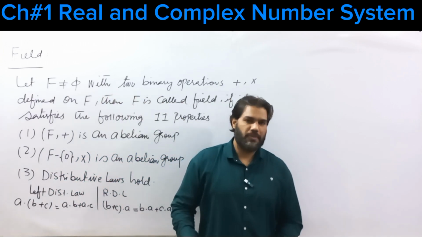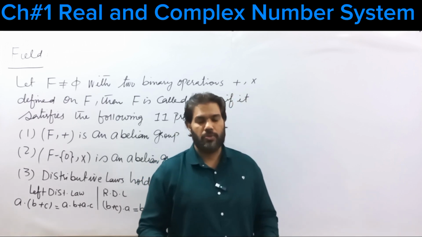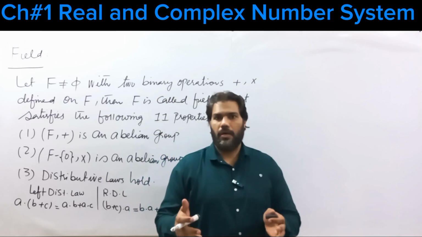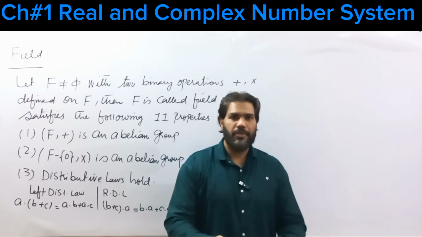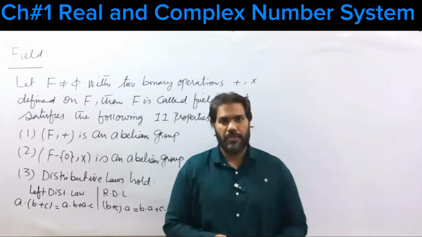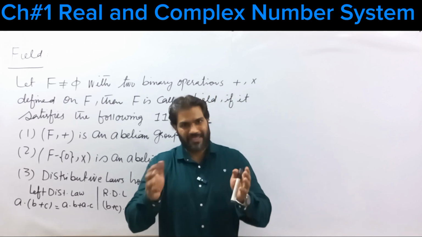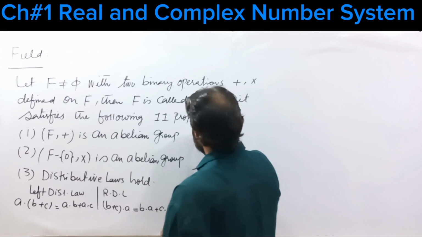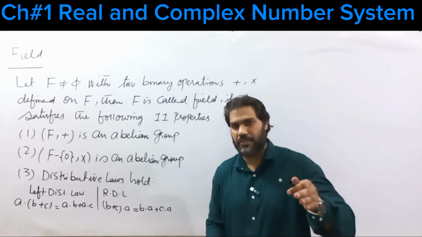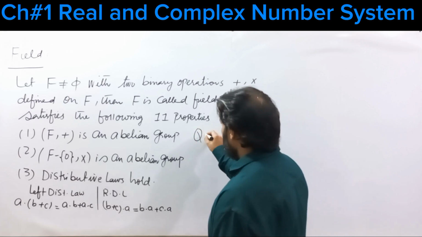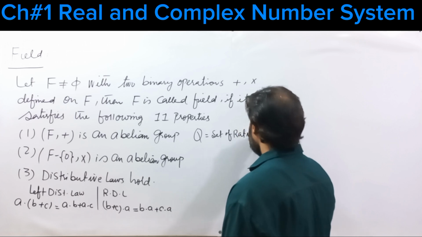There are thousands of examples available for field, but it is not our purpose to study field in detail, because this is the class of real analysis, and field, group theory, rings, etc. are the topics of abstract algebra. So over the numbers, there are only three fields that will be under discussion. One is Q, the set of rational numbers.